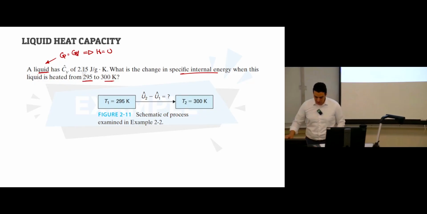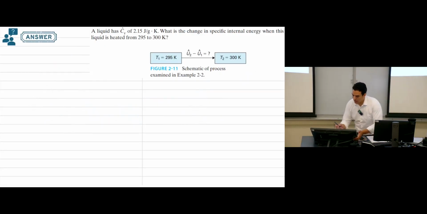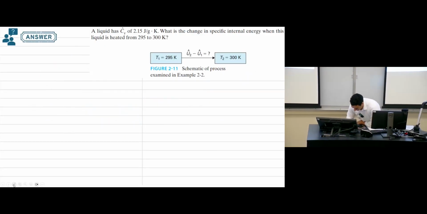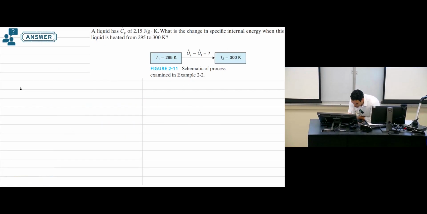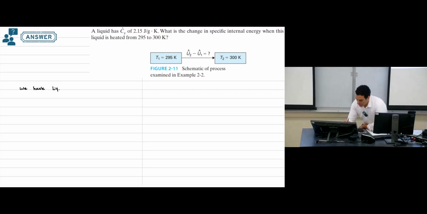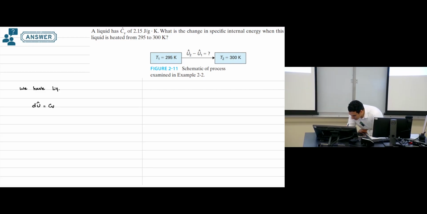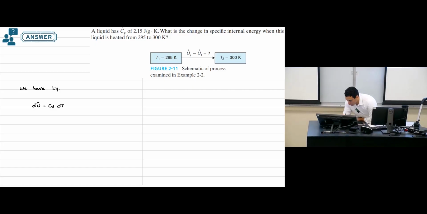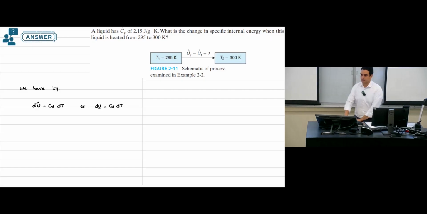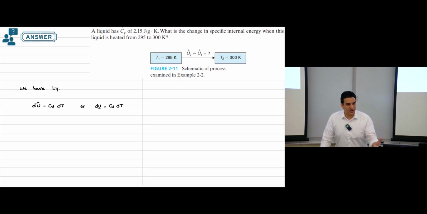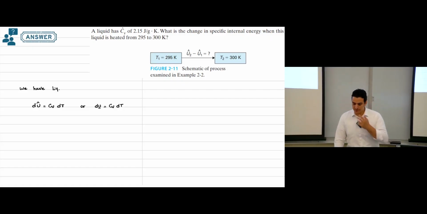So for this substance, we have a liquid. What this means is we have du as Cv dT. You can find the specific internal energy or the molar internal energy.